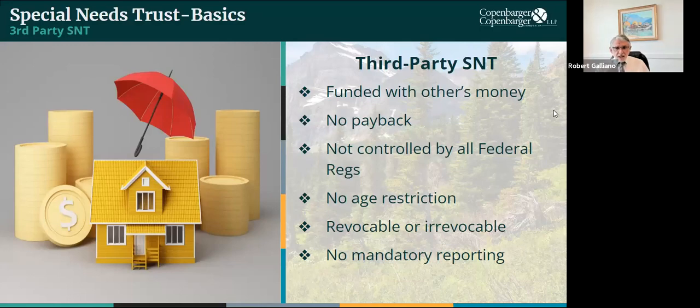If it's revocable, then the benefits still belong to the creator, and any income tax issues belong to the creator, the settlor of the trust. If it becomes irrevocable at the beginning, then you have to get a tax ID number, and the trust becomes the payor of any tax issues. So again, the advantages of a third party: no payback, no age restriction, and no mandatory reporting.